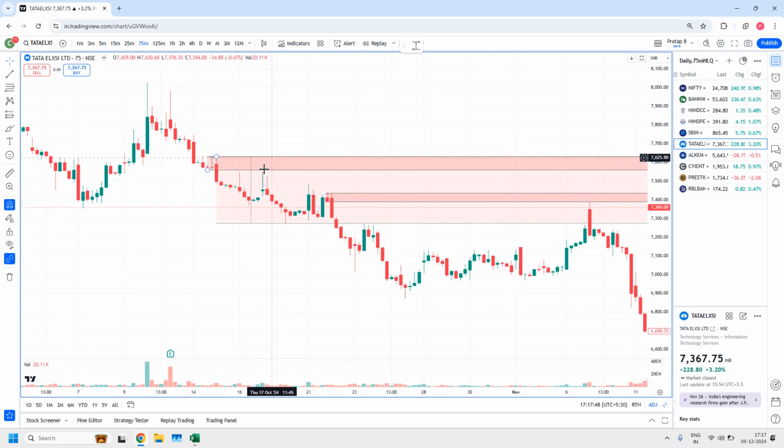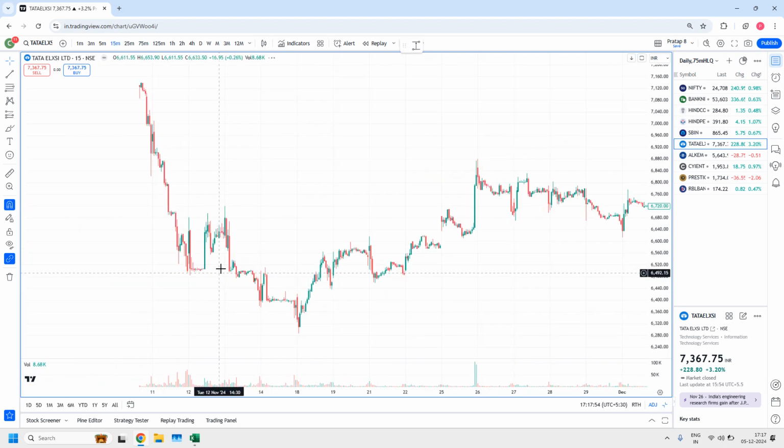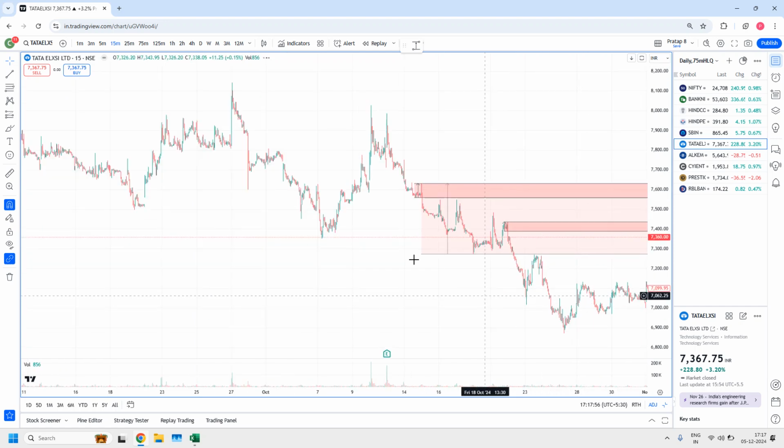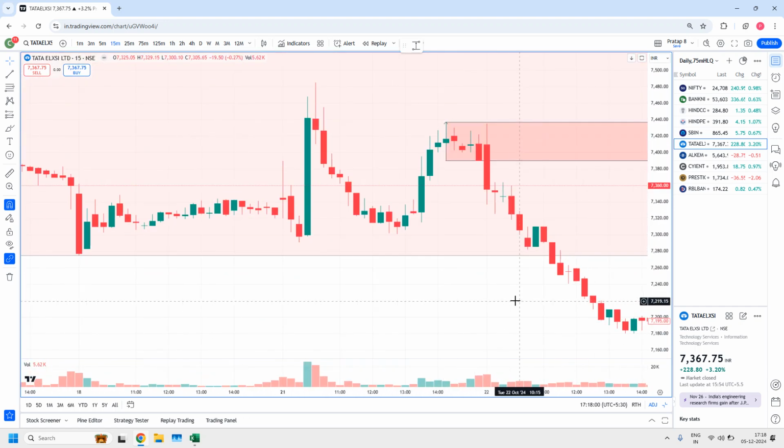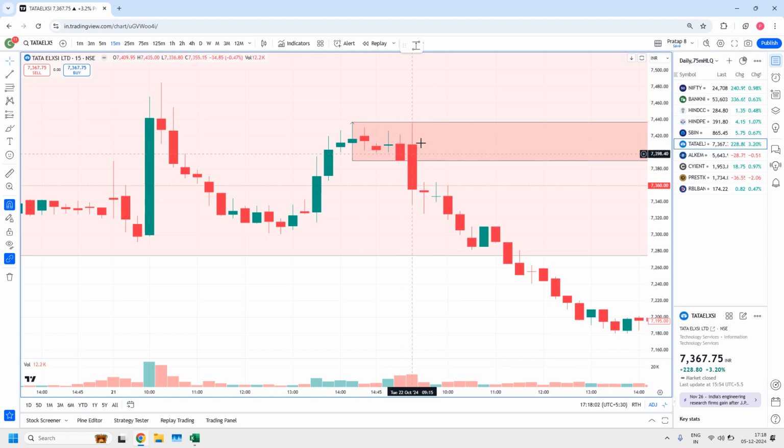But have you noticed, both the order flows I did not fine tune? Why? The 15 minute structures are not good. Go to the 15 minutes time frame, you will understand. Here rally, drop, 1, 2, 3, 4, 5, 6 candles are there.